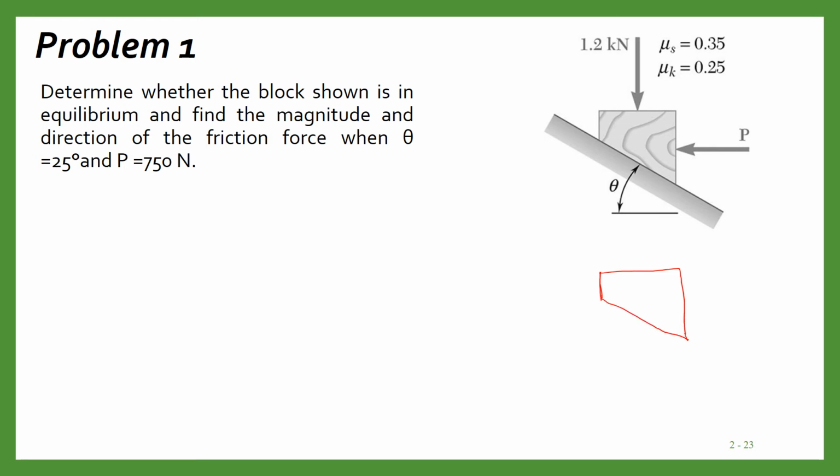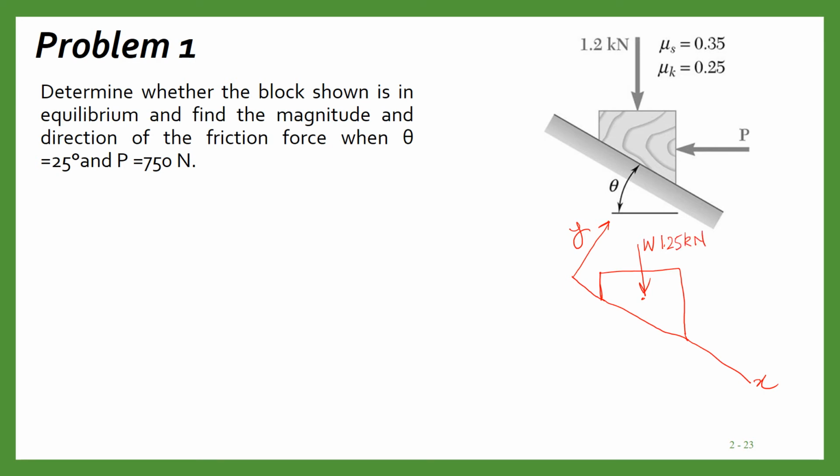Let us consider the x-axis in this direction, and the y-axis is in the normal direction to this plane. So this is our y-axis, this is our x-axis, and the forces which are acting are the weight force, and this is equal to 1.25 kilonewton.